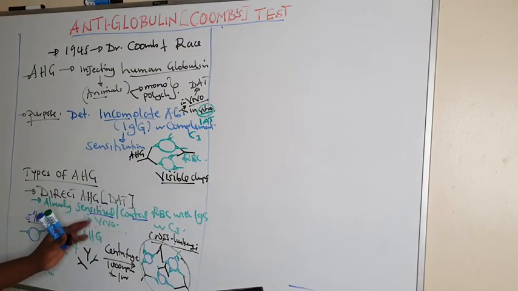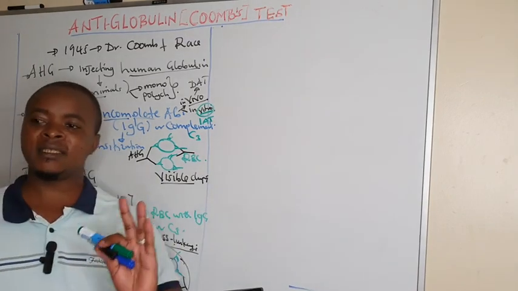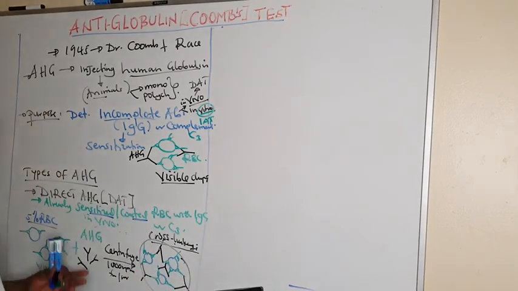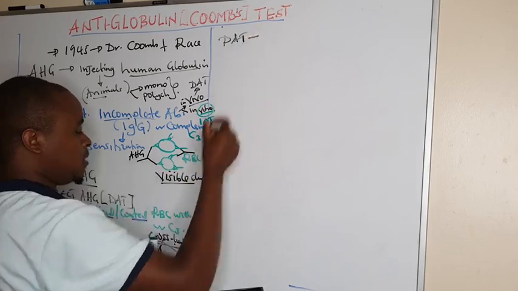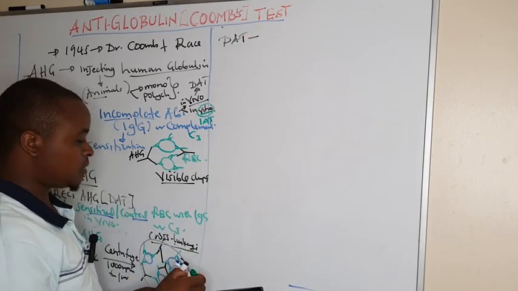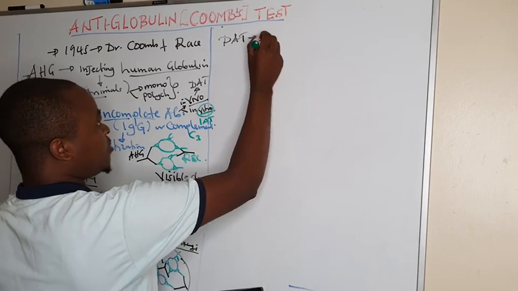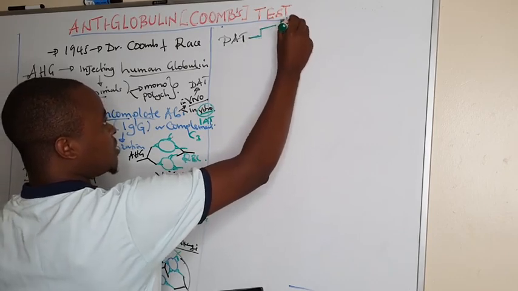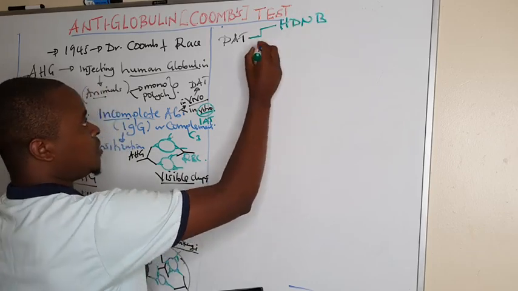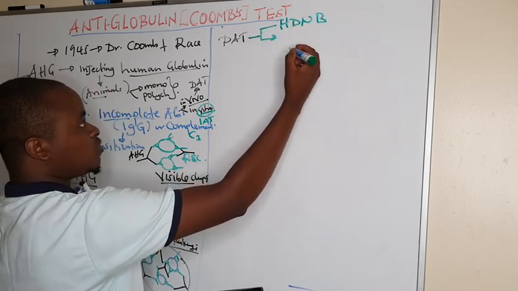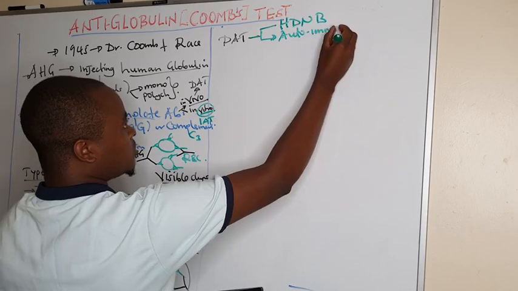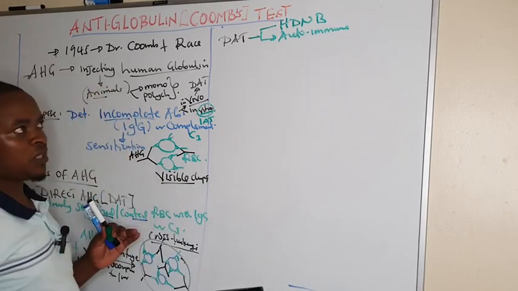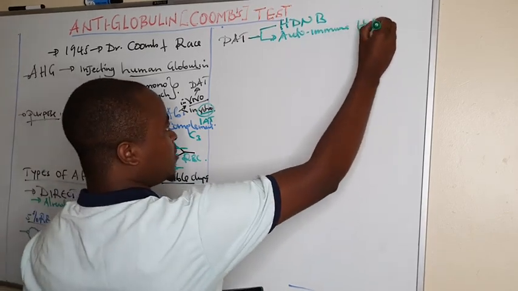So the procedure, but before we look at the procedure, what is the significance, or when do we apply the direct Coombs test? This direct Coombs test, which you call DAT, is used to demonstrate many things. For example, it is used to rule out hemolytic disease of the newborn. It can be used to detect autoimmune disorders or autoimmune hemolytic anemias.